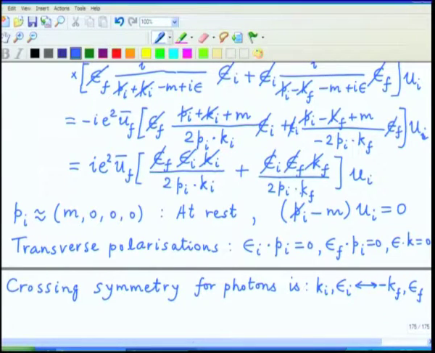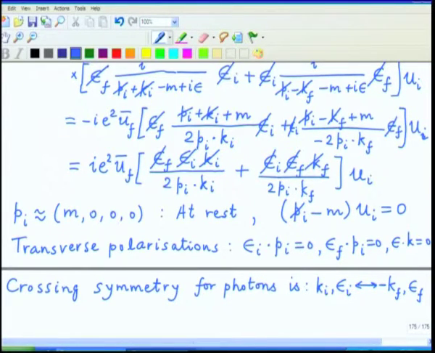Now, one can see that the two terms which are written in the expression above are indeed related by this particular interchange. If i and f are interchanged, all the indices of epsilon and k appear in the correct order, and the negative sign of k_f does not play any role, because there is a factor of k_f both in the numerator and the denominator.